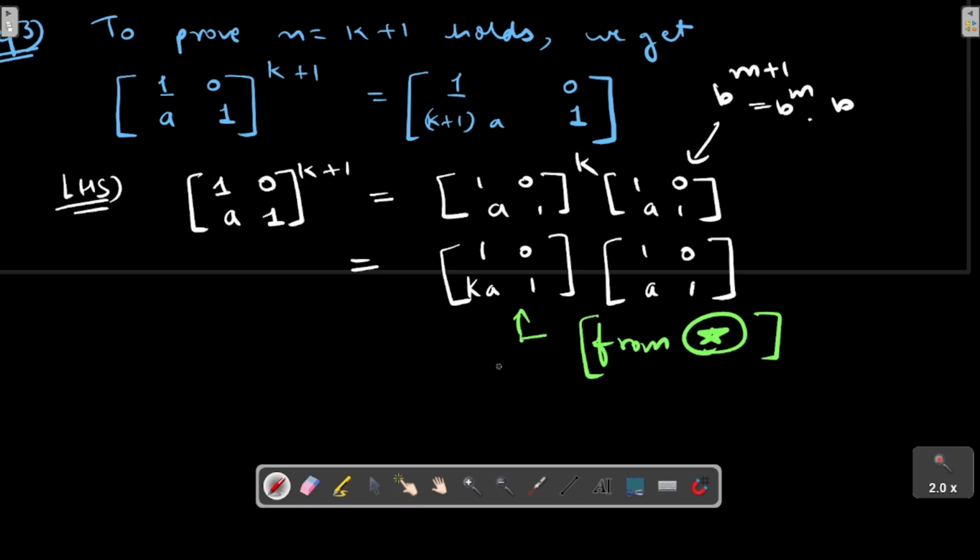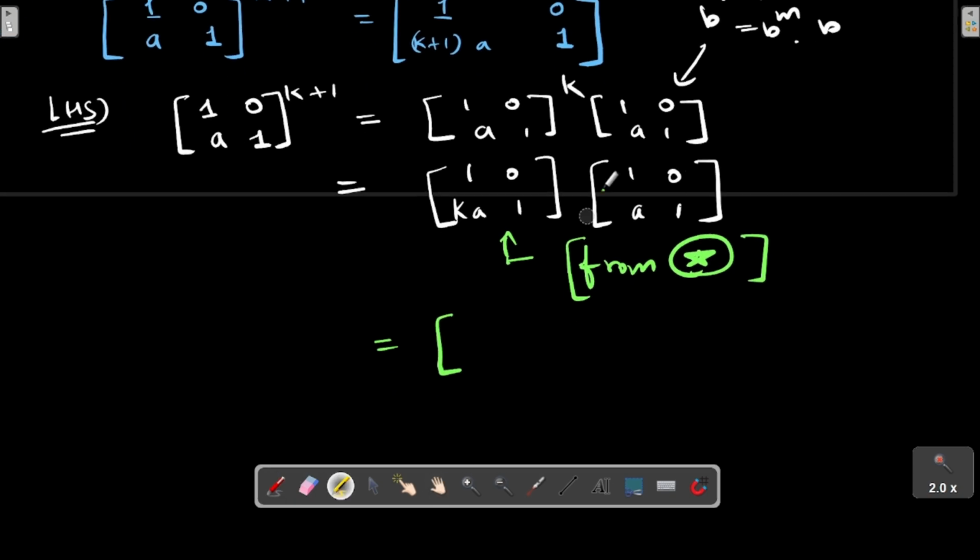So now what do you get by doing the matrix multiplication? This with this will give you 1. Then this with this will give you 0.